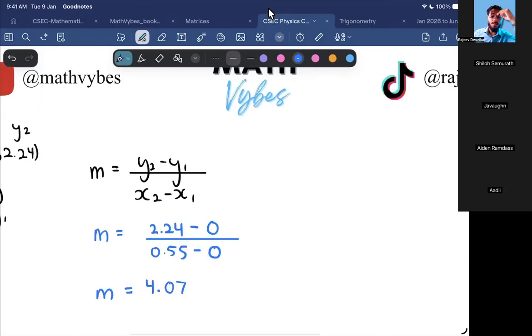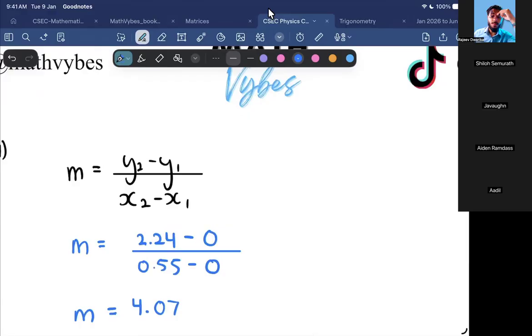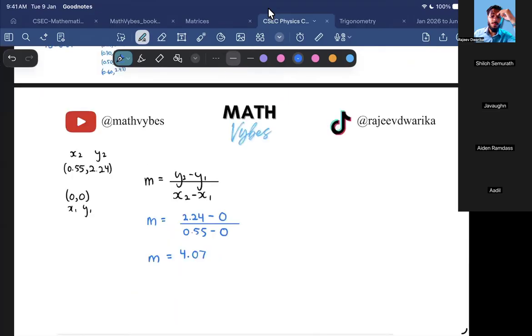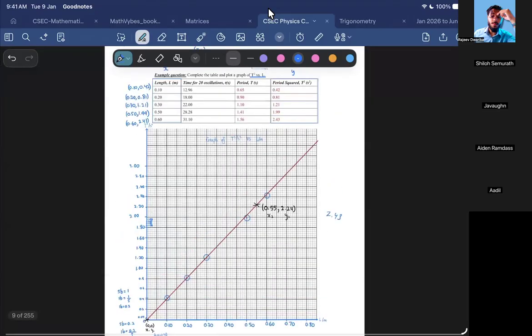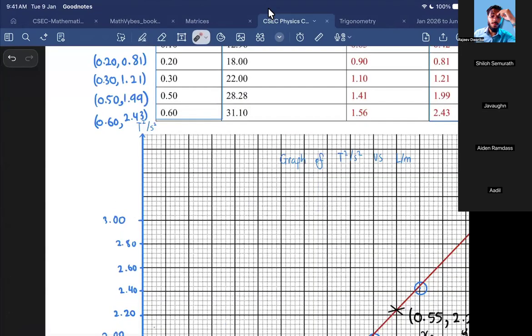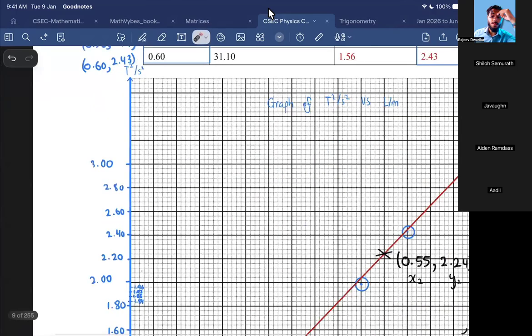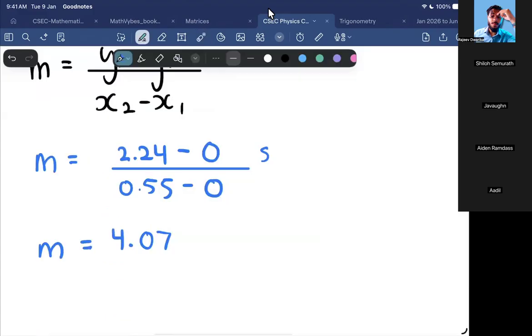So y2 minus y1, that's on the y-axis. So what are the units on the y-axis? Seconds squared. So I'm going to put seconds squared here. And what are the units on the x-axis?